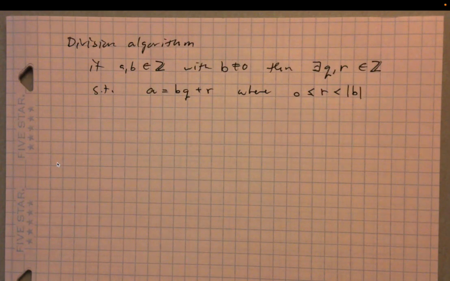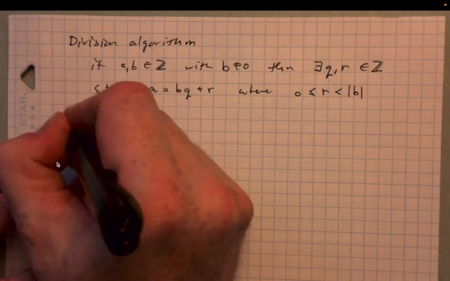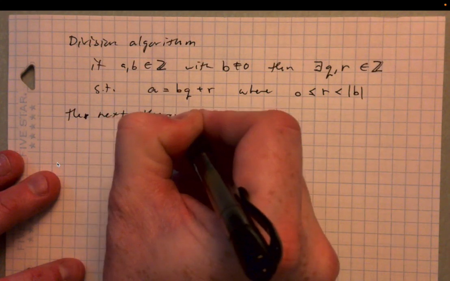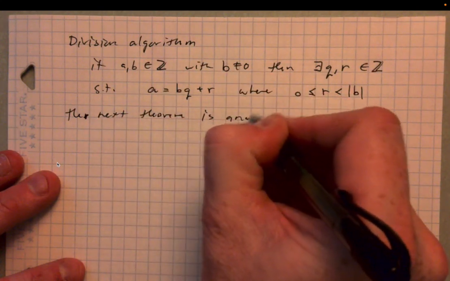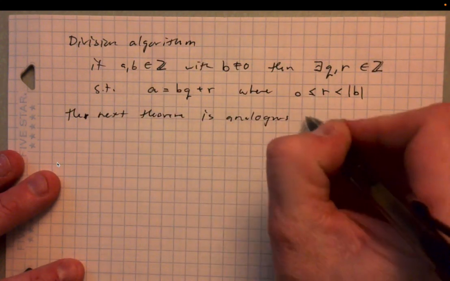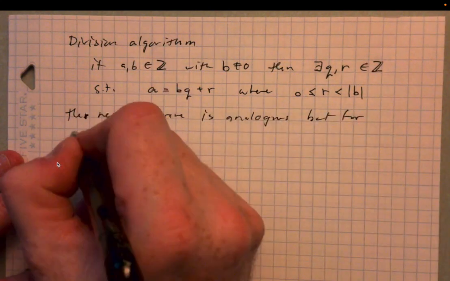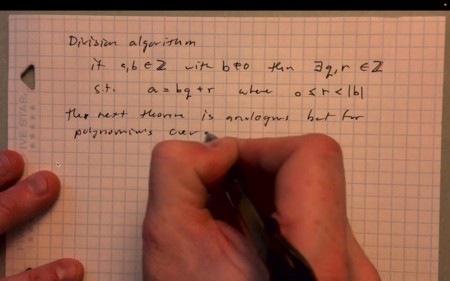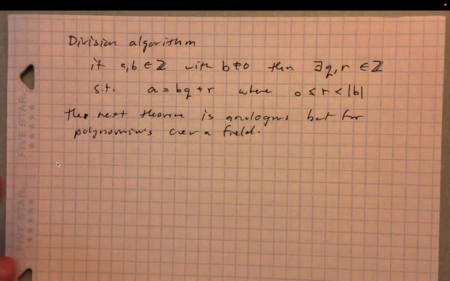Right, and so the next theorem that we'll talk through is basically the analogous statement, but for polynomials over a field. Okay, and so what is a field?